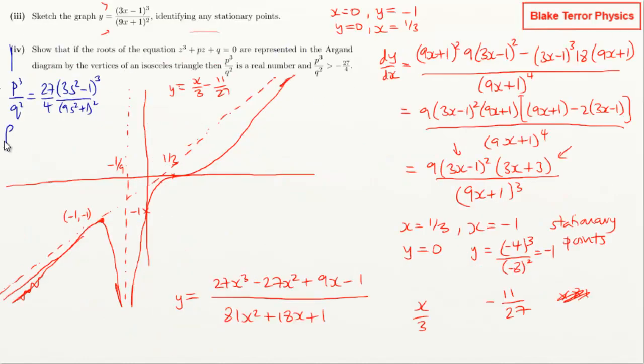Right, okay, so from part 2, p cubed over q squared is real as s is real.